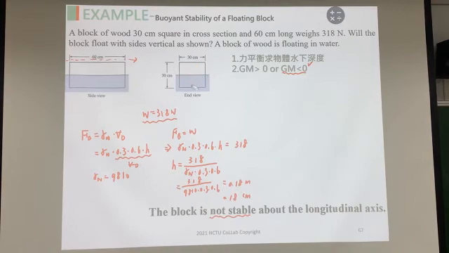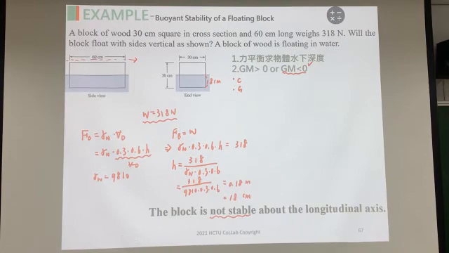So we redraw the figure here, because we know H, so the distance here is 18 centimeters. First, you need to plot where the C point is and where the G point is.